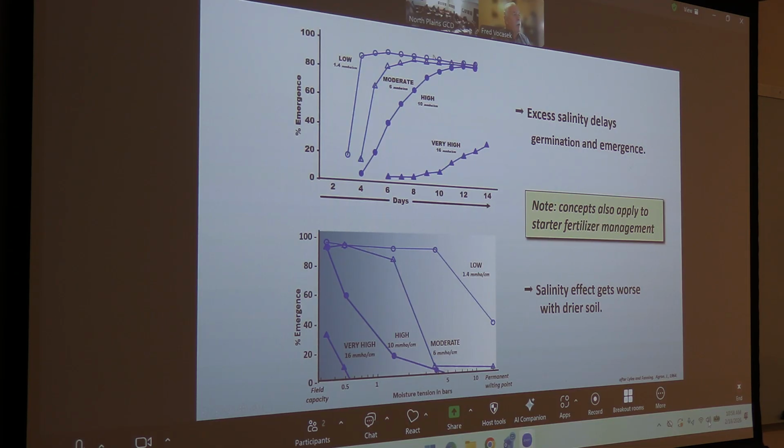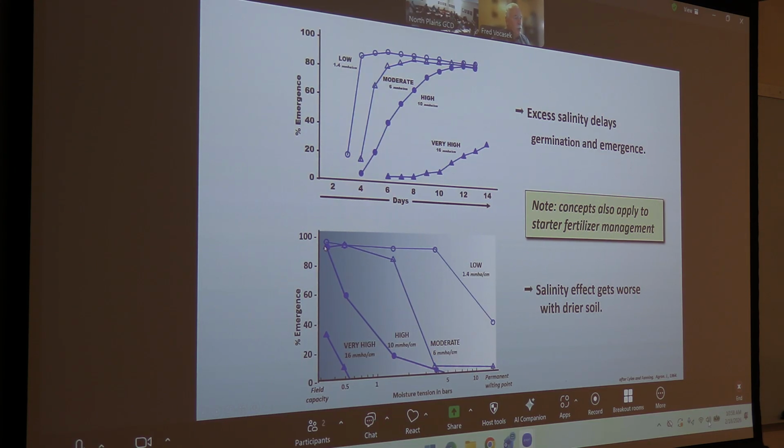We can get by with a certain level of nutrients, but as we increase the salt load by increasing the rate of starter fertilizer use, we potentially delay emergence, and we may reach a point where we really damage emergence. Same thing is true with our soil moisture.